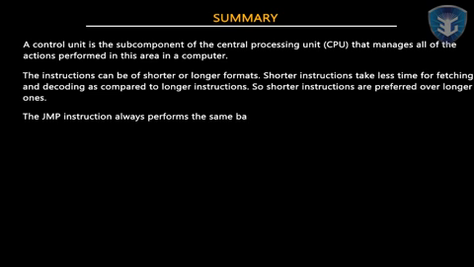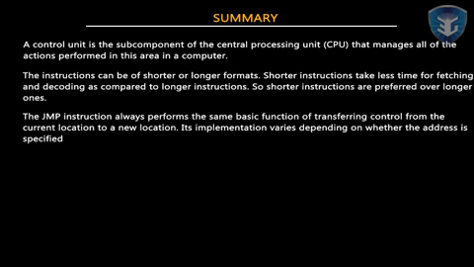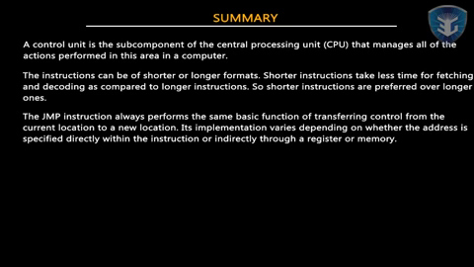The jump instruction always performs the same basic function of transferring control from the current location to a new location. Its implementation varies depending on whether the address is specified directly within the instruction or indirectly through a register or memory.